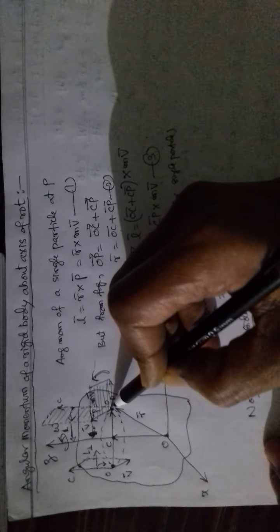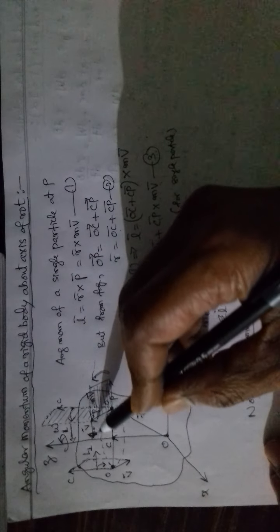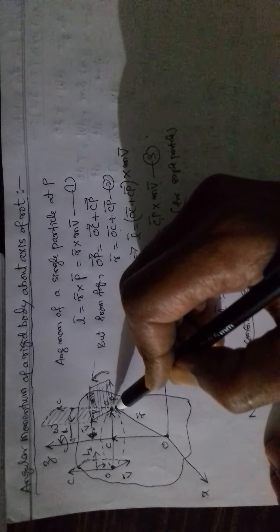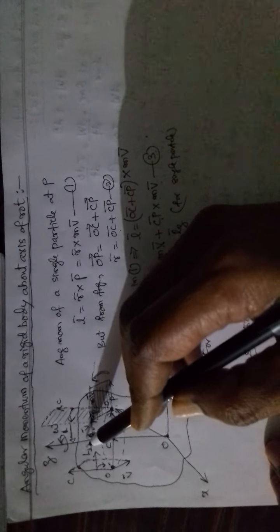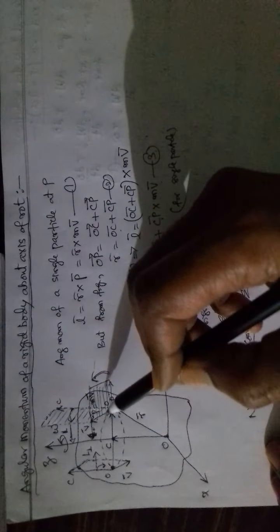It means when the particle was here, its perpendicular component was to the left-hand side, and when the particle came diametrically to this opposite point, the angular momentum perpendicular component is to the right-hand side. Now the sum of the two components, right side is taken positive, left side is taken negative.